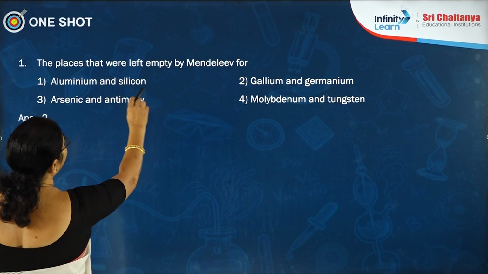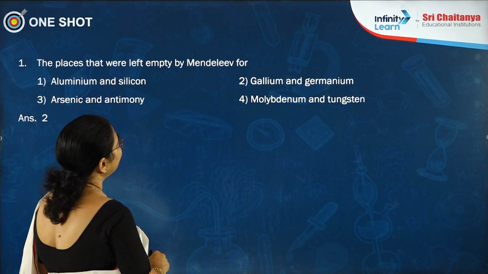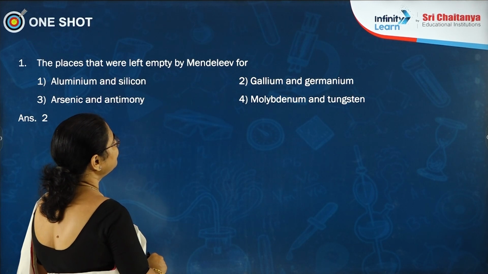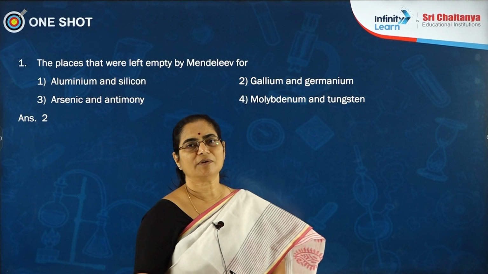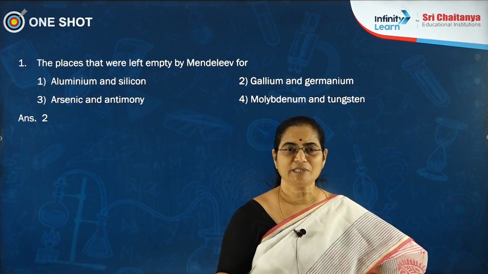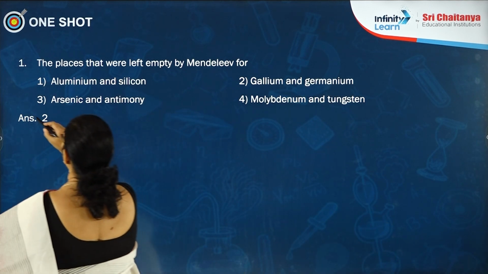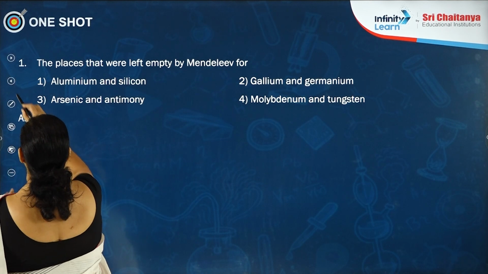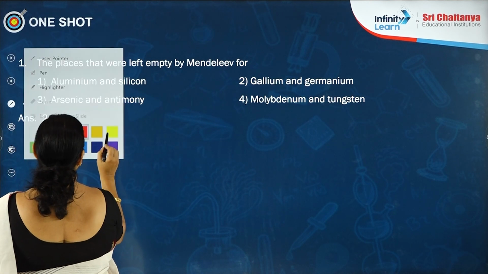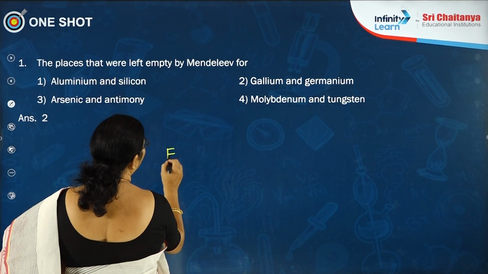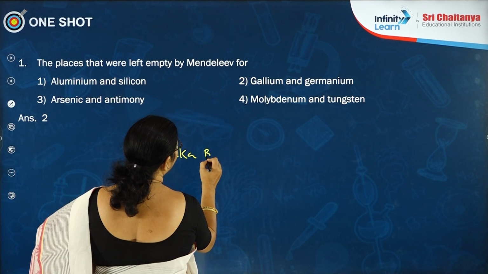The places that were left empty by Mendeleev, for which elements? He left some gaps for those elements which were not discovered at that time. So, for which elements did he leave gaps? You know, Eka boron, scandium.